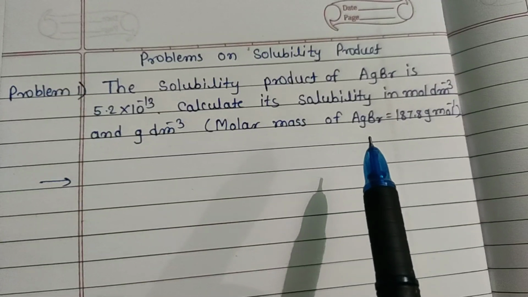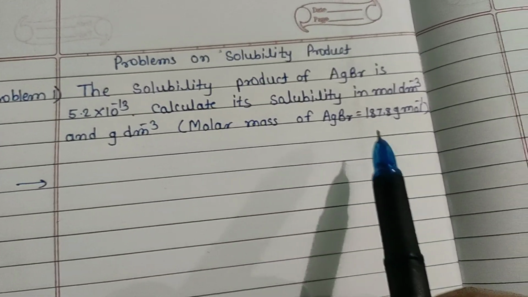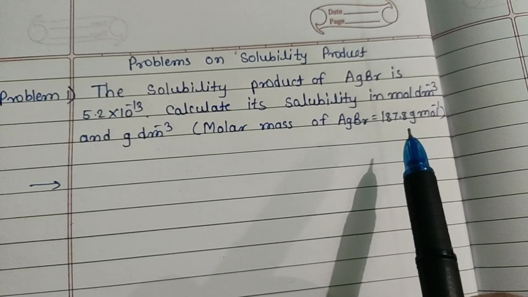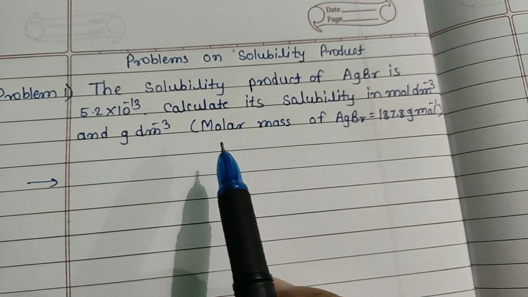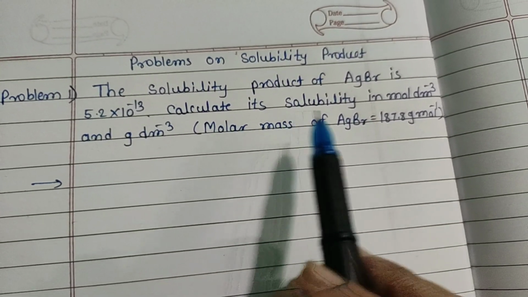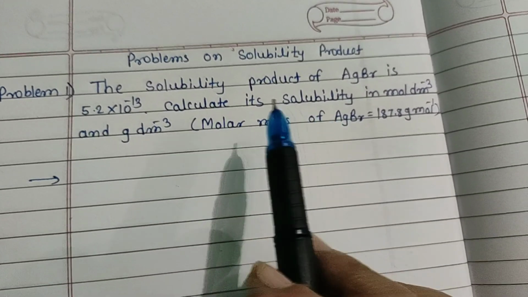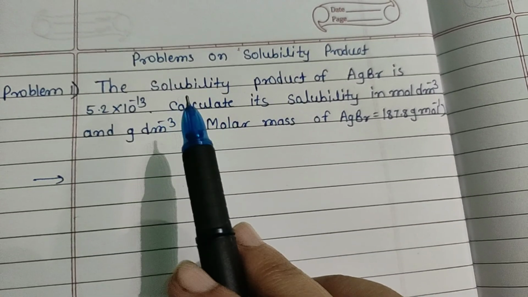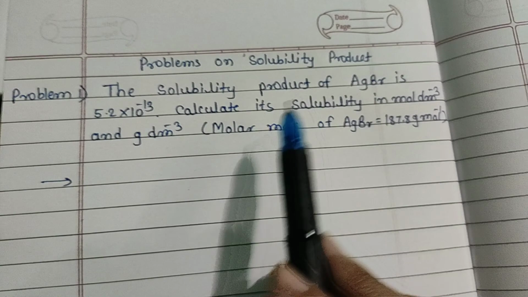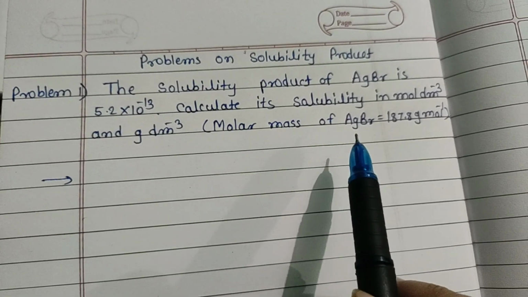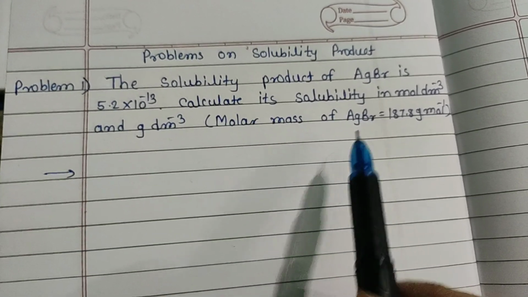Molar mass of AgBr is 187.8 gram per mole. In this problem, we have to calculate solubility, and the given things are the solubility product Ksp value and the molar mass of AgBr.